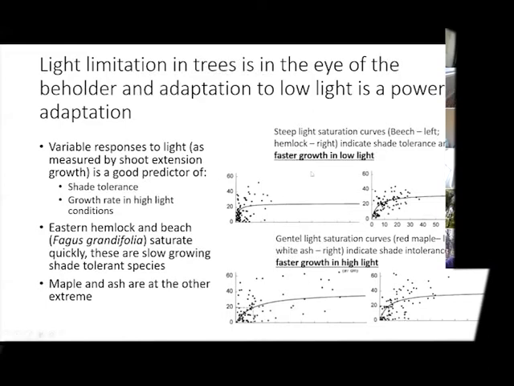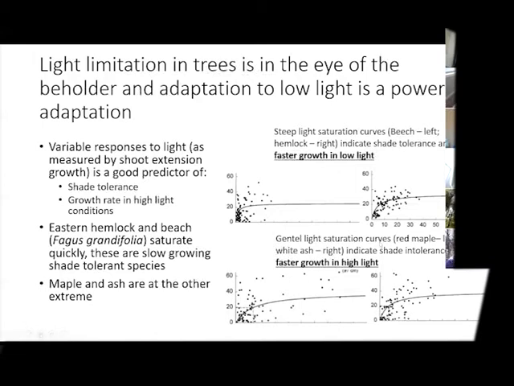What you're seeing here are the very steep light saturation curves for American beech and eastern hemlock. These trees generally reach their maximum photosynthesis very quickly. And both of these species, even though beech is a broadleaf species and hemlock is a conifer, have high shade tolerance. Both species can persist under the canopy of lots of other species within these forests.